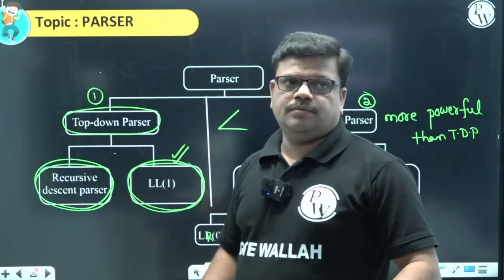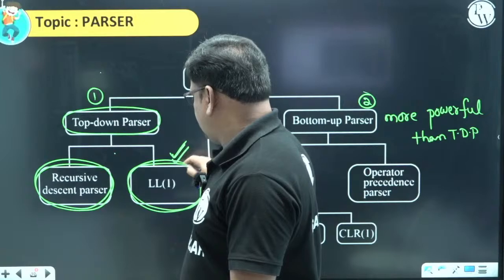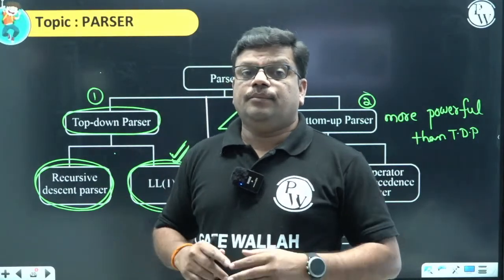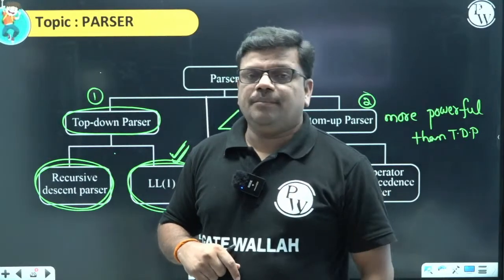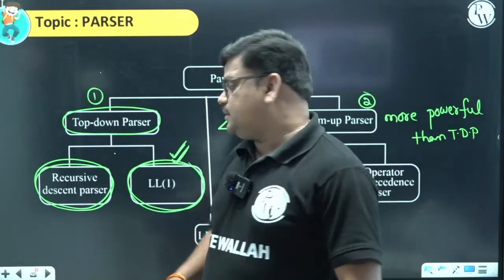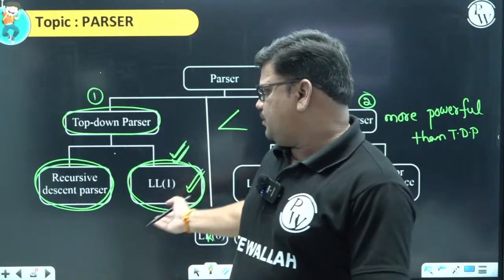Out of recursive descent and LL1, LL1 is the best parser in top-down. It is the most powerful and best parser. Most compilers designed by a top-down approach use the LL1 parser to accept a large class of grammars. Both are top-down approaches.